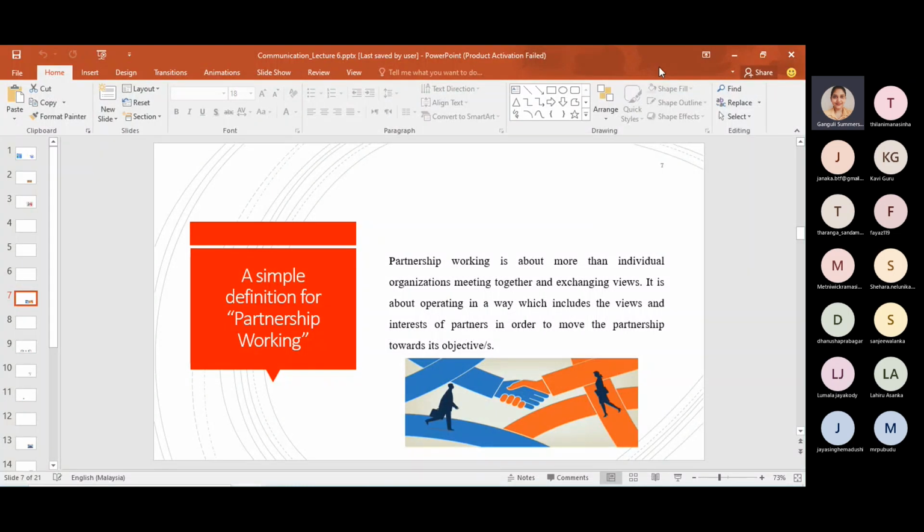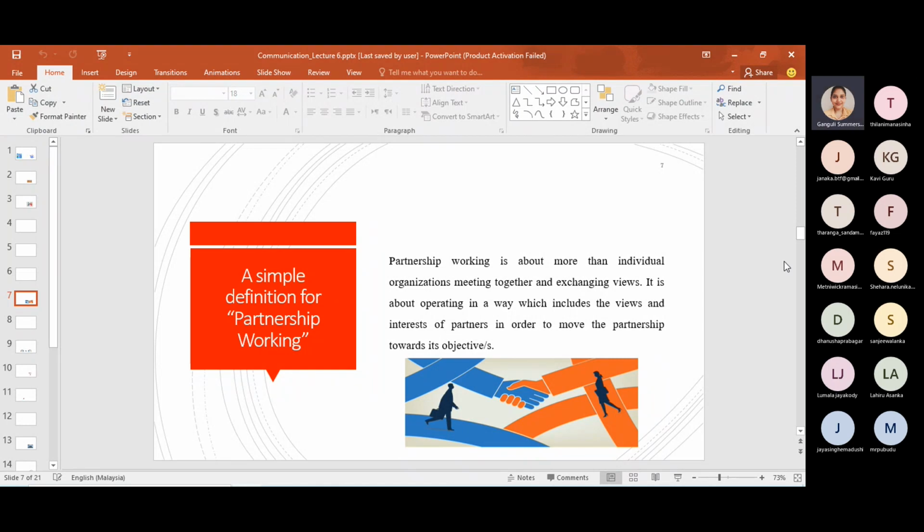In partnership working, different organizations meet together, work together and exchange their views, opinions, knowledge and resources during this process. And it is about operating in a way which includes the views and interests of partners in order to move the partnership towards its objectives.